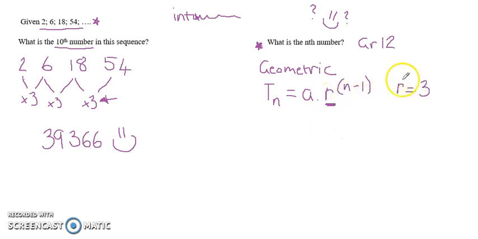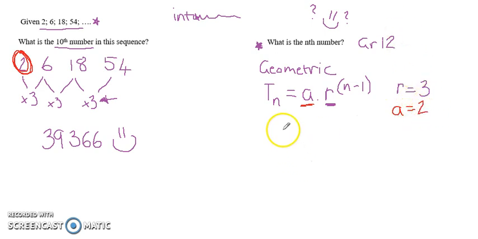Now, we know what the R value is, but we don't know what the A value is. And this is where things become really magical. The R value is very easy to find because it's just what we were multiplying by. The A value, you don't even have to do any calculations. The A value is always going to be the very first term of the sequence. In other words, A is equal to 2.